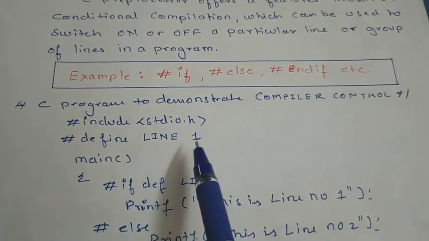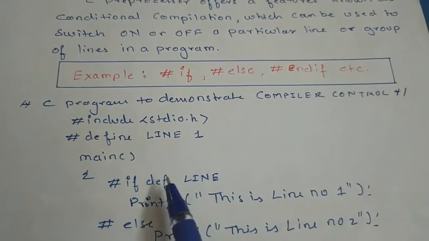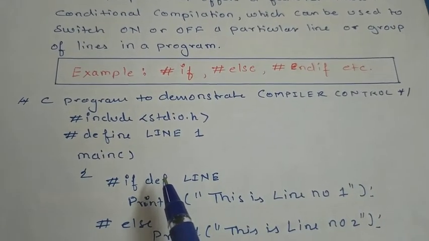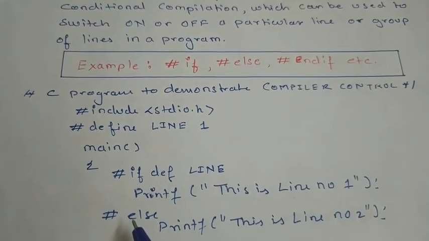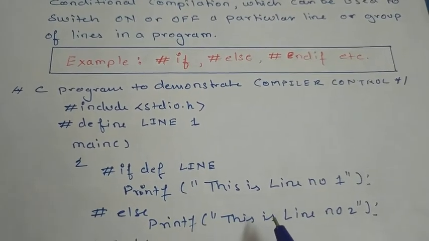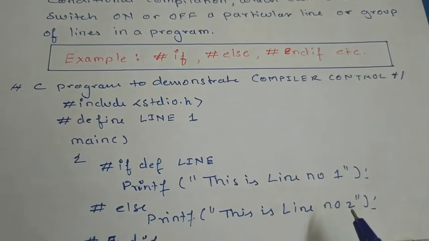Suppose I had not defined LINE as 1, this would have given 0 as false, and it would have gone to the other part, that is the else part, and it would say printf the line number 2. This is line number 2.